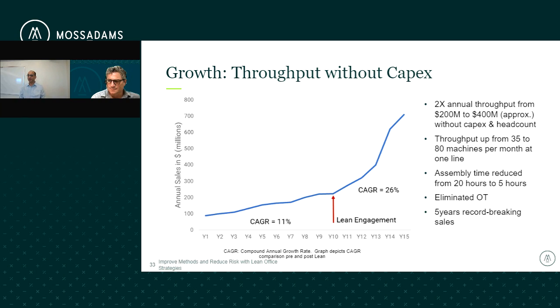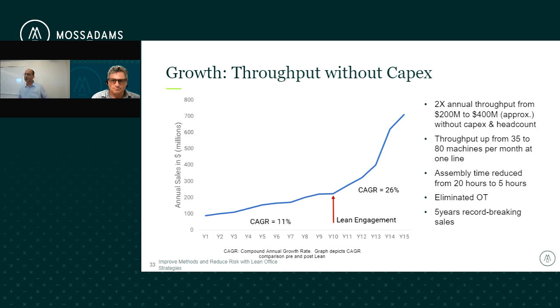In 2017 is when they actually implemented it, and they got us back, saying, hey, we tried this on our own, why don't you help us out? Once they started on the lean office journey, their CAGR was 26%. For a 100-year-old company, this is a massive improvement.